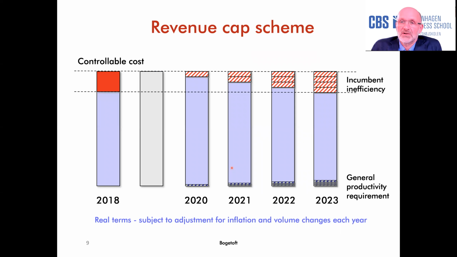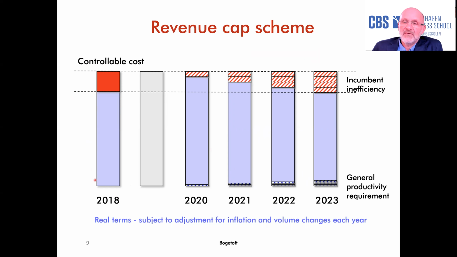Here I'm illustrating a revenue cap scheme. What you see is that the regulator might collect some data on 2018 performance. And we are looking here at the total bar, which is the total controllable costs, so the costs that we believe the firms could impact in maybe a 5-year period.